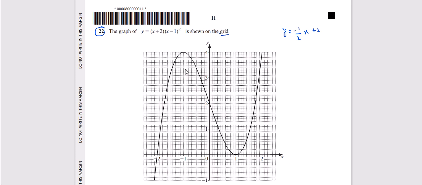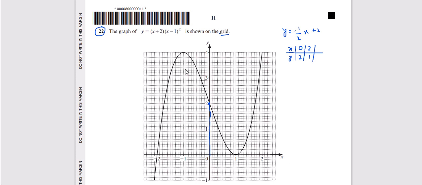So we make a small table of x and y. If we put x is equal to 0, then y is equal to 2. Where is 2? Here is 2. So mark it. And if we put x is equal to 2, then −1 + 2, that is equal to 1.